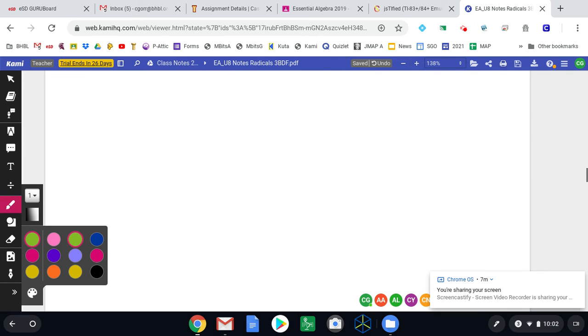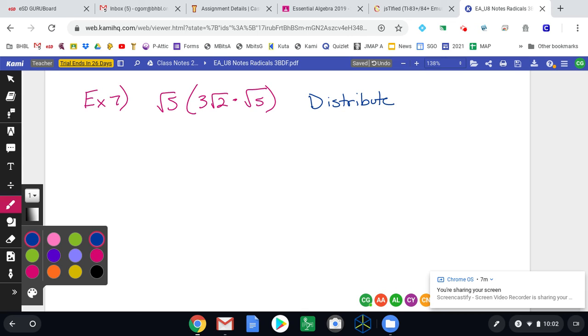All right. Now what happens if I have a binomial? Let's try another one. Let's say we have something like radical 5 times 3 radical 2 plus radical 5. In this case, we need to distribute. So I've got radical 5 times the 3 radical 2, and radical 5 times the radical 5.